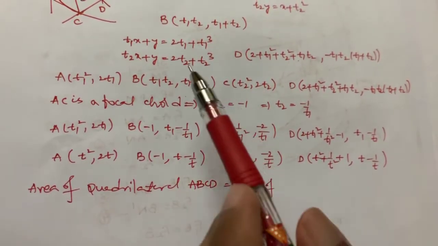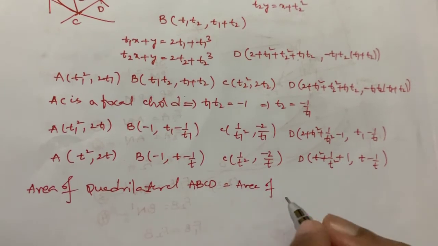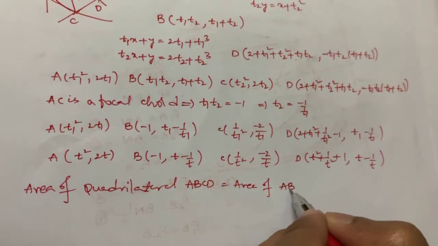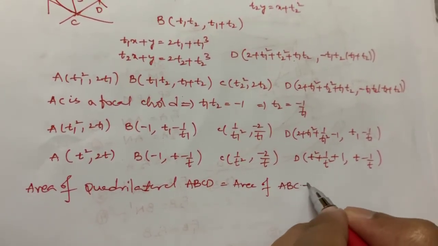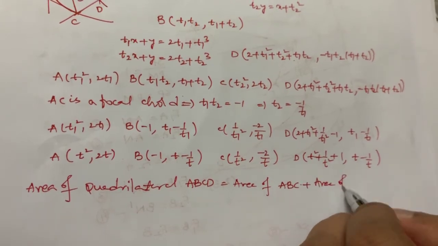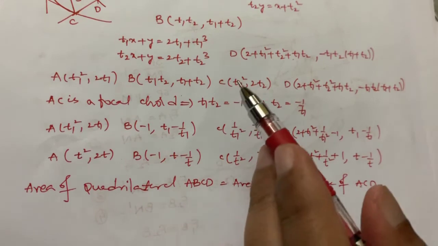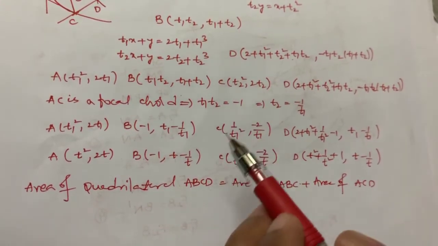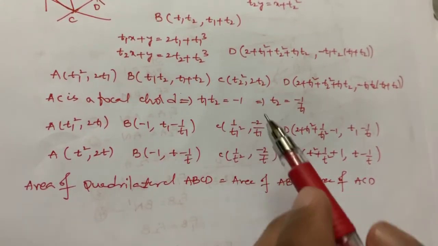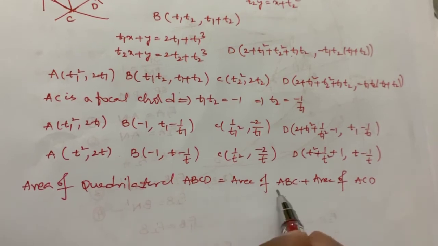So what we do is area of triangle ABC plus area of triangle ACD. If I add these two triangles, I'll get the entire quadrilateral, right?